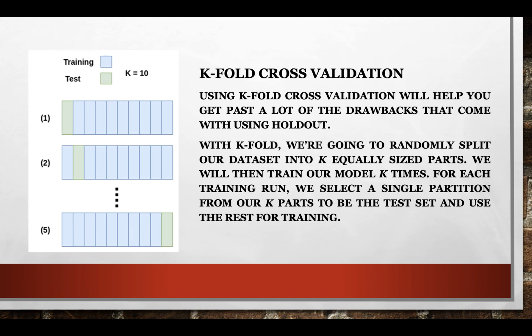As can be seen, every data point gets to be in the validation set exactly once and gets to be in the training set k minus 1 times. This significantly reduces bias as we are using most of the data for fitting, and also significantly reduces the variance as most of the data is also being used in the validation set.